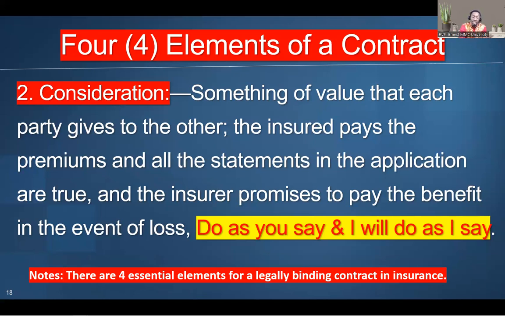But if you don't pay your premium on time, you violate the consideration clause. Now, if you pay your premium on time and your statements are correct and you pass away and the insurance company doesn't want to pay the death claim, they violate the consideration clause, and that also leads to violating the insuring clause. Okay, that's a very important concept. That's why I make sure I take a little time to explain that to you.